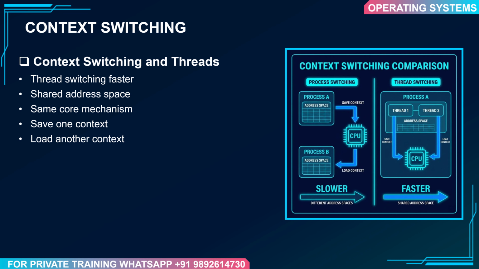It is also worth mentioning that context switching becomes even more interesting when we move to threads in the next module. Switching between threads of the same process is usually faster than switching between different processes because threads share the same address space. But the core idea remains the same. The CPU still needs to save one execution context and load another.